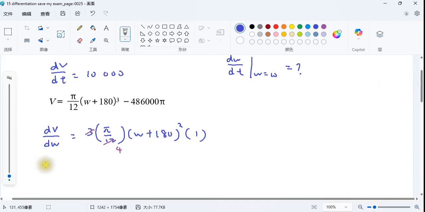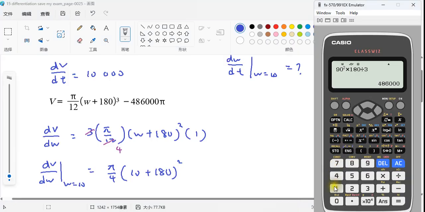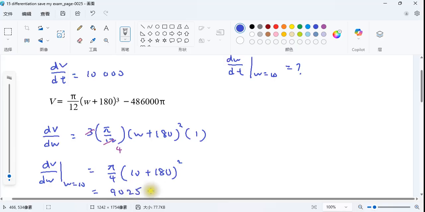When w equals 10, dV/dw will be π over 4 times (10 plus 180) squared. So we have 190 squared over 4, which is 9025 π.